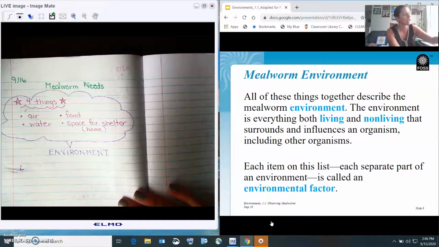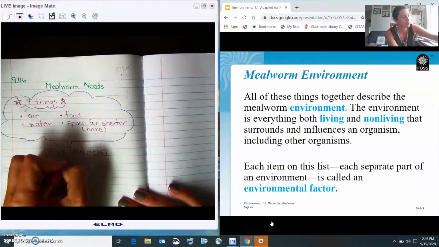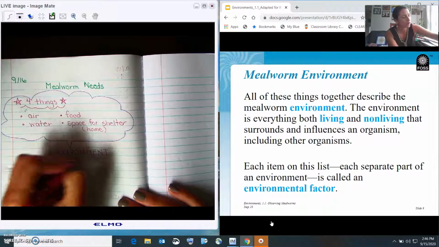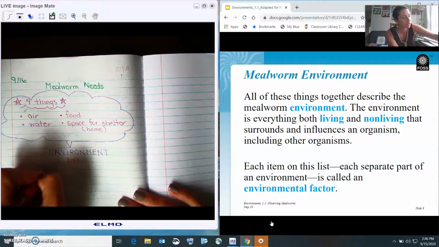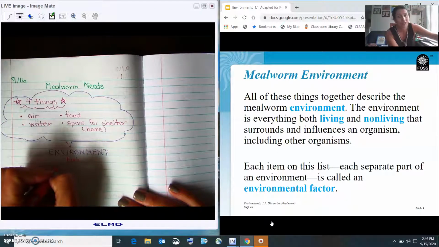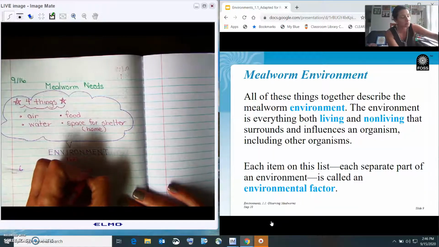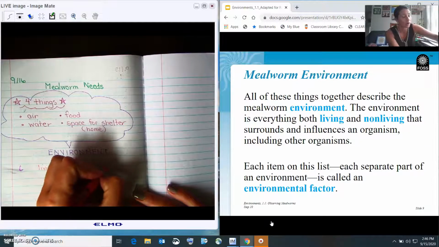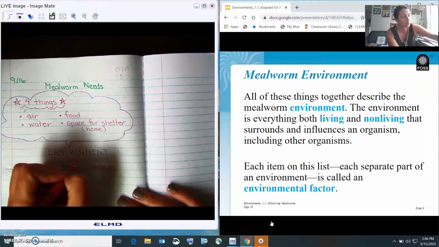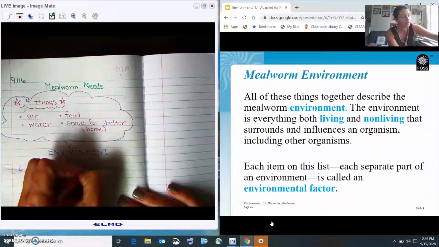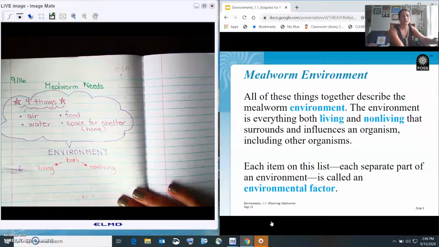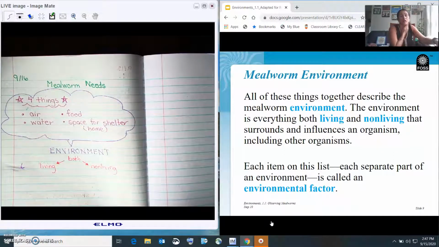So this is both living things in the environment, like food maybe, and non-living, like if they need to live in or under a rock. So the environment is both the living things that they need, like plants, and things like their shelter that's not living.